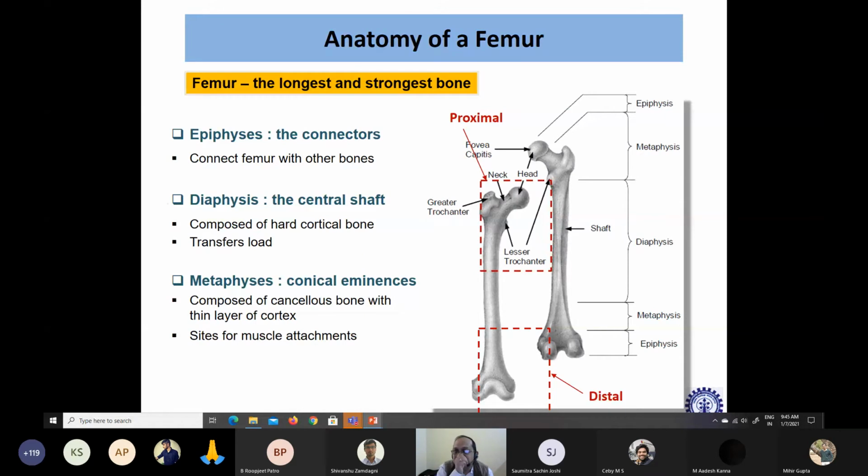Basically, you see, it's a small part of the femur head. To keep a bone alive, there is the necessity of blood supply. It's a small bony landmark.